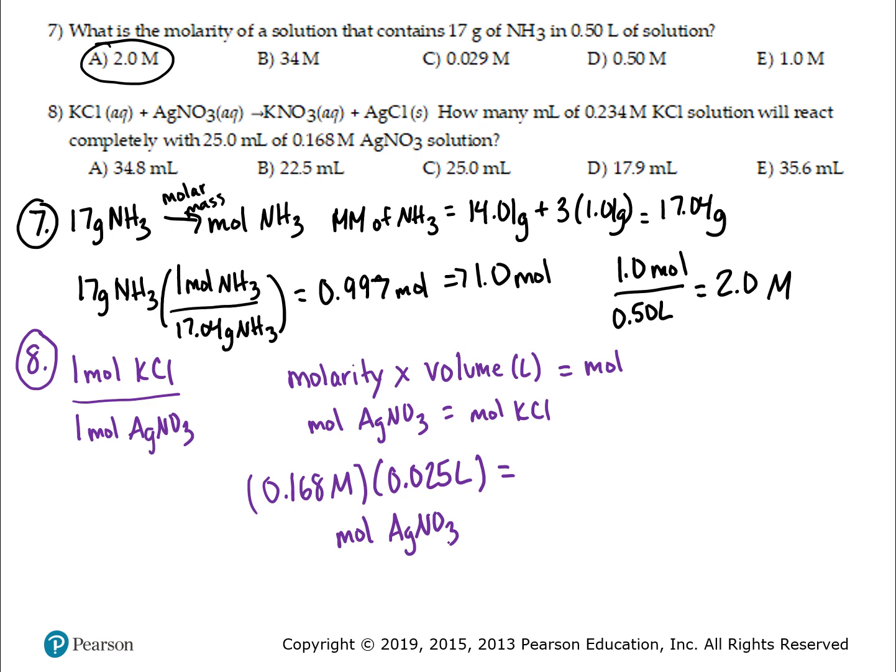of silver nitrate. That's going to be equal to the molarity of the KCl, the potassium chloride, times some volume in liters. That's what we're trying to figure out. To do that, you're going to divide both sides by 0.234.